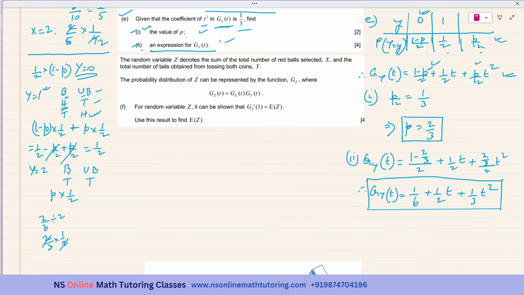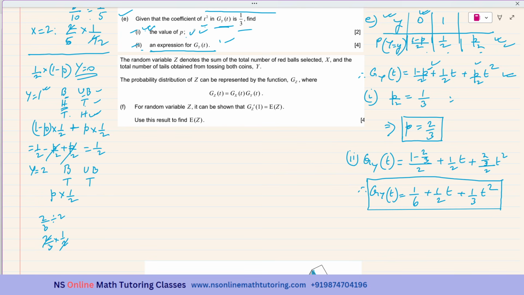For answering the subpart i, you do not actually have to construct this table. You can only get the probability of y equal to 2, and that will be sufficient. But for the next subpart, you have to get all the probabilities. So I have constructed the table first and then come to the subpart.